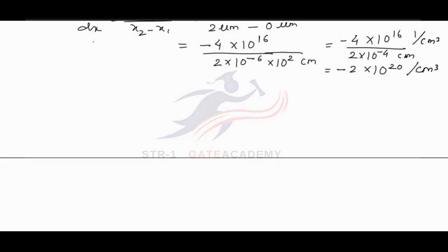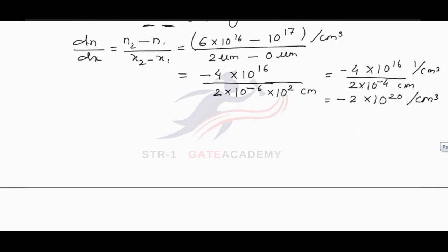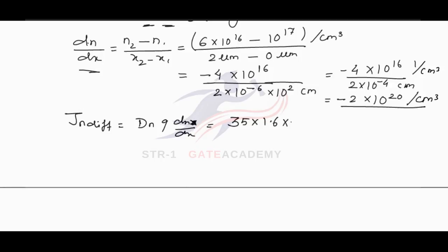We have calculated dn by dx. dn by dx is minus 2 into 10 raised to power 20. Now the current density can be calculated as Jn diffusion equal to Dn into q into dn by dx, and this will be 35 into 1.6 into 10 raised to power minus 19 into minus 2 into 10 raised to power 20.